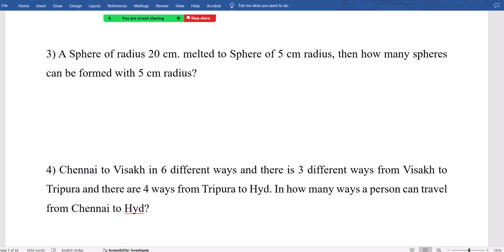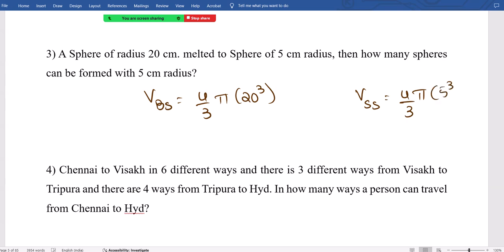So the volume of the big sphere is 4 by 3 pi r cube, but the small sphere is 4 by 3 pi, in fact, here I'll write a 5 cube. Now, how many spheres is big one divided by small one, right?